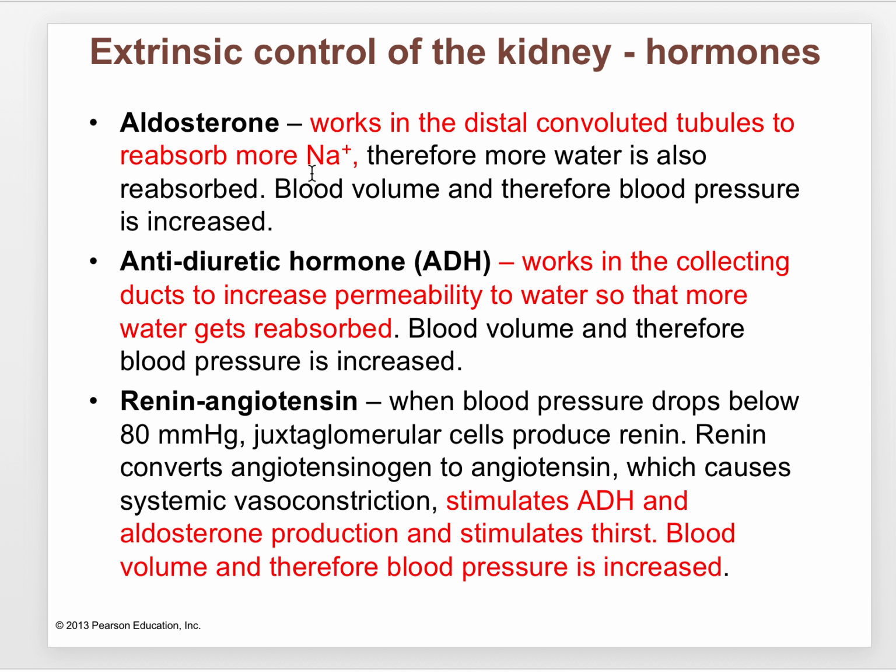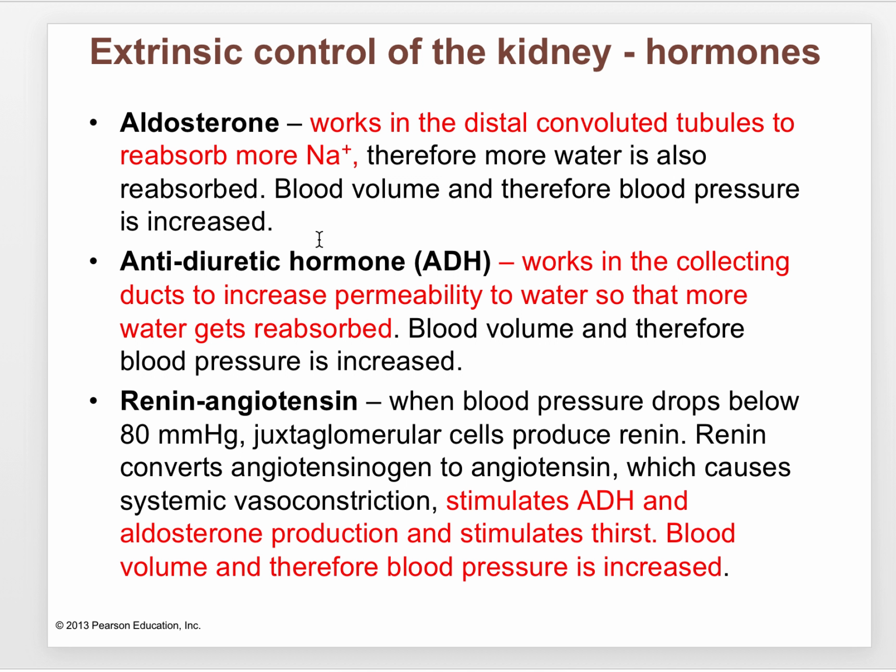This sodium is going from the convoluted tubules to being reabsorbed back out into the bloodstream. The water follows, and there's more water going into the bloodstream. Therefore, the blood volume and the blood pressure are increased because the sodium and the water are leaving the distal convoluted tubules and going back into the capillaries and the bloodstream.